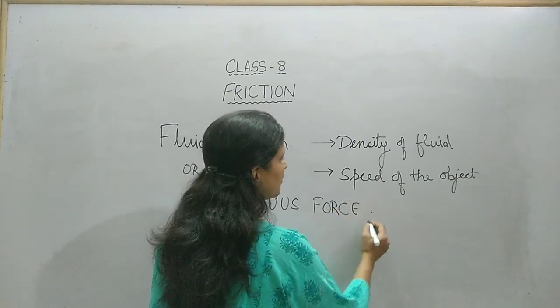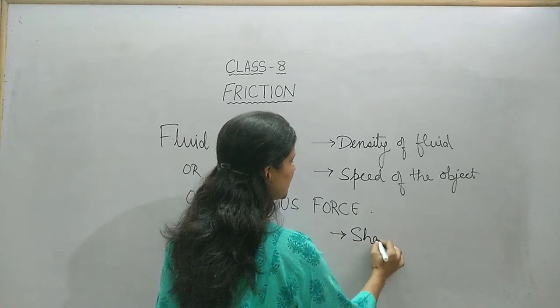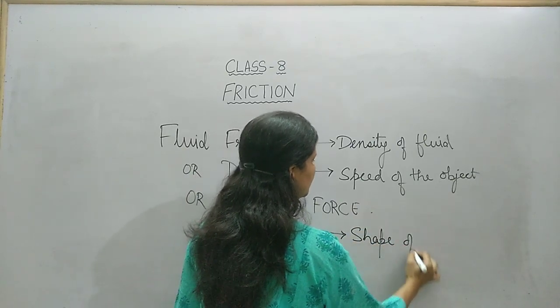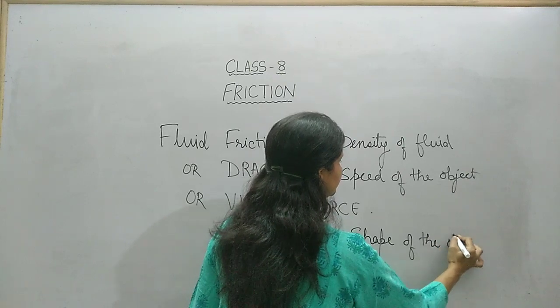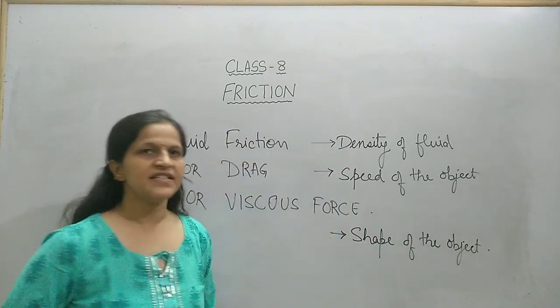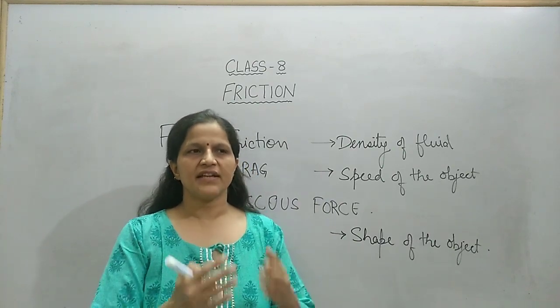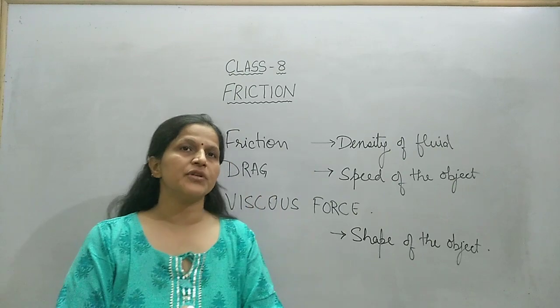The third factor on which it depends is the shape of the object. I have seen several times on the roads that there are two people going on a motorbike.